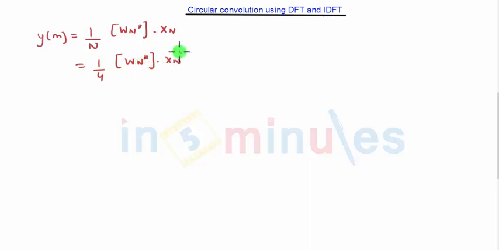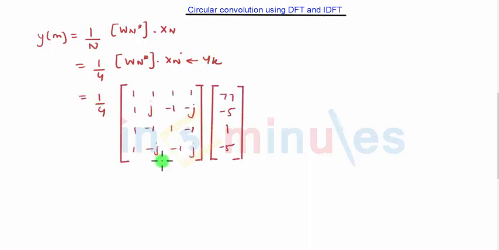But here we have calculated y of k, so X of k is actually y of k. So that is equal to the complex conjugate matrix of W N into y of k.